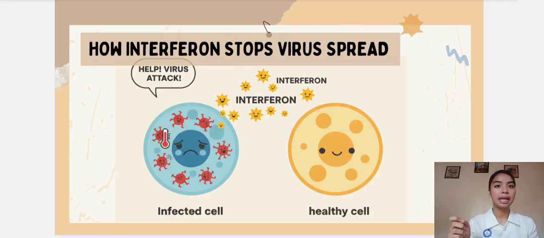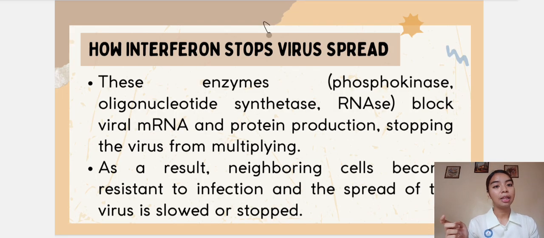And once they enter the cell, it signals the cell to activate specific enzymes. As a result, the neighboring cell becomes resistant to infection and the spread of the virus is slowed or definitely stopped. So that is how the interferon helps the neighboring cell or healthy cell via the signal of the infected cell.